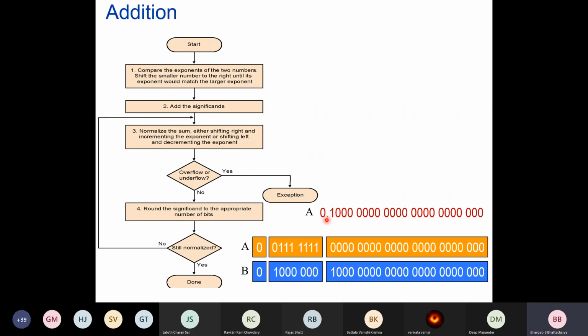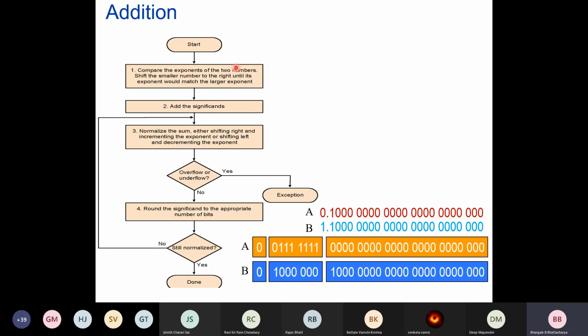So A becomes, after shifting, 0.1 followed by all zeros, and B remains as is. B is 1 point, 1 restored, 1.1 and all zeros. So that is to start with. After step one, we would be getting this.